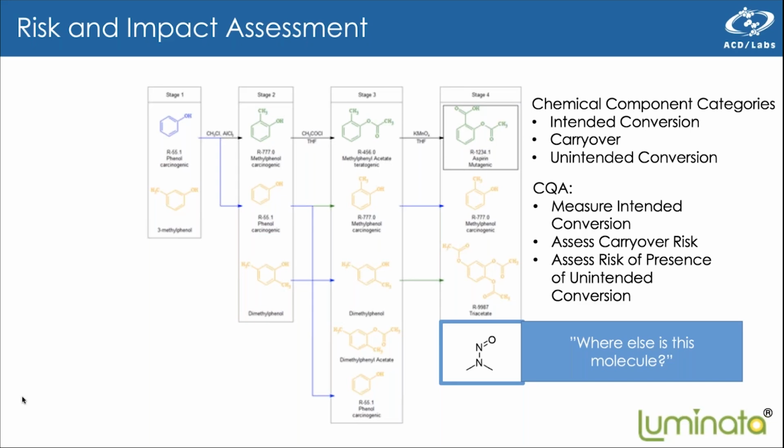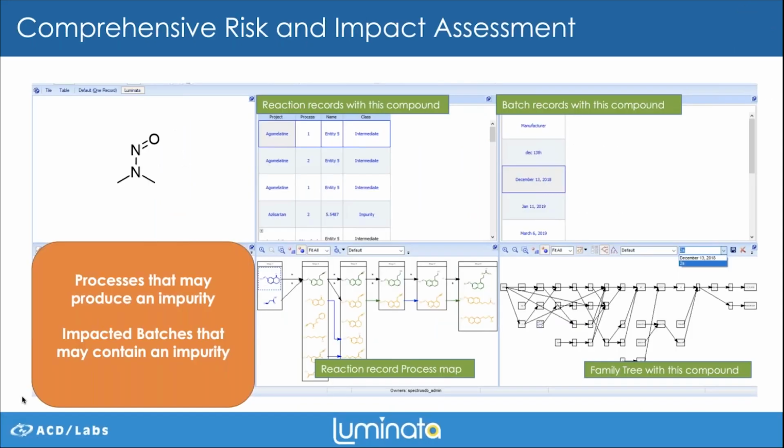So one attribute of our Luminata platform is the ability to perform that cross-experiment risk assessment. So if it's determined that this particular substance needs to be controlled, and there needs to be an assessment of where else in my processes this compound might be observed, this is a feature where I can pivot that digital system and look for a specific compound across processes, right?